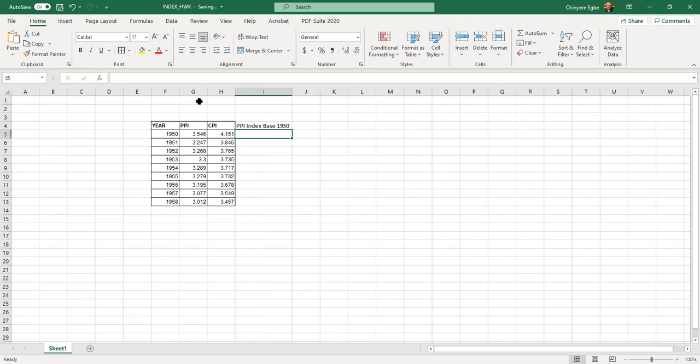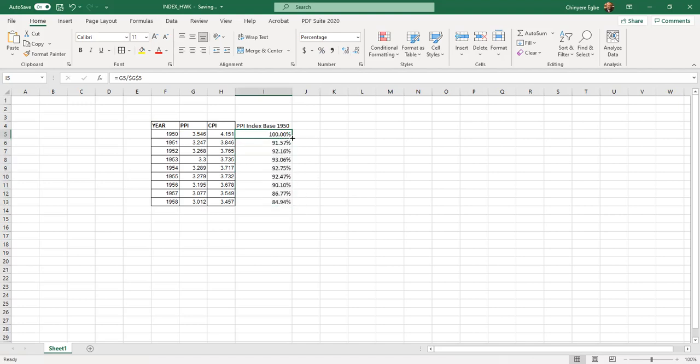So we divide every PPI here by the 1950 value, so that's in G5. So we go equals G5 over $G$5. And we make that into a percentage and just drag down the screen.